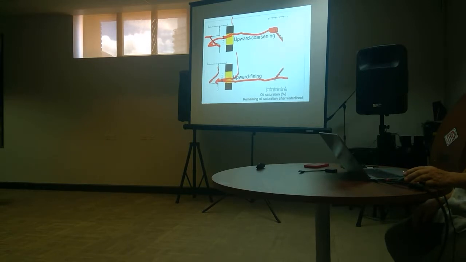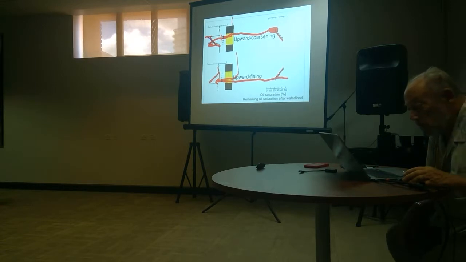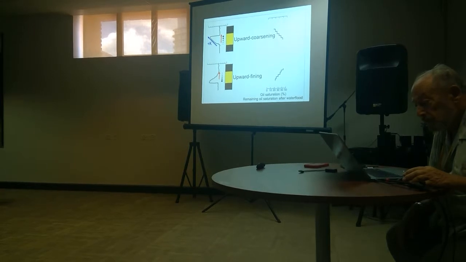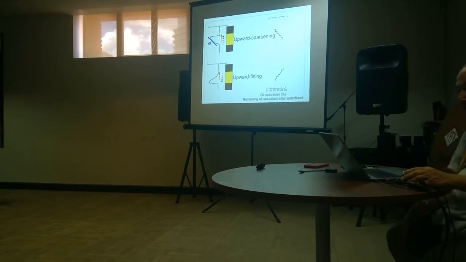And again, I stress that the arrows represent here an increase in grain size here, a decrease in grain size there, an upward increase in permeability there as you move up, and an upward decrease in permeability in that case.